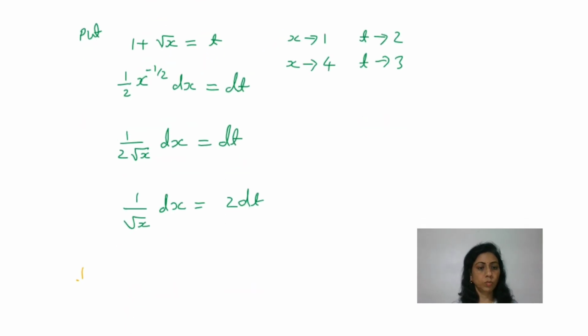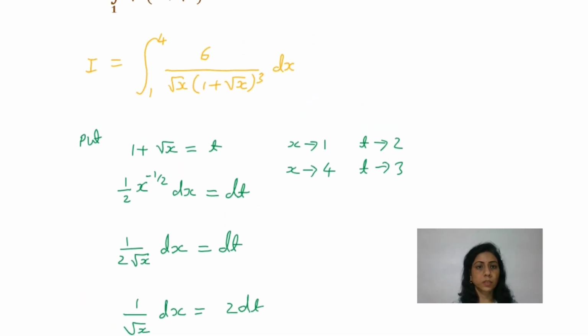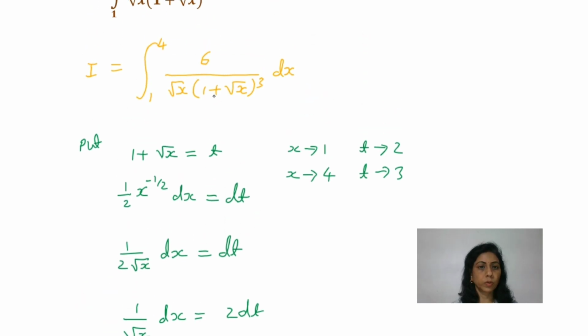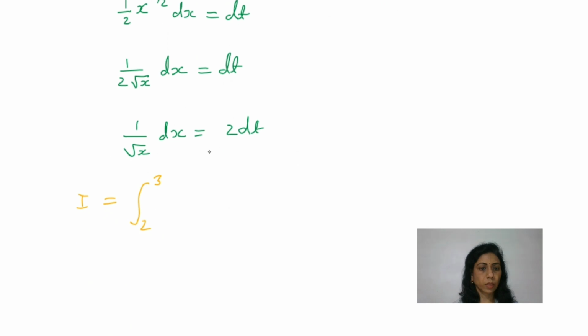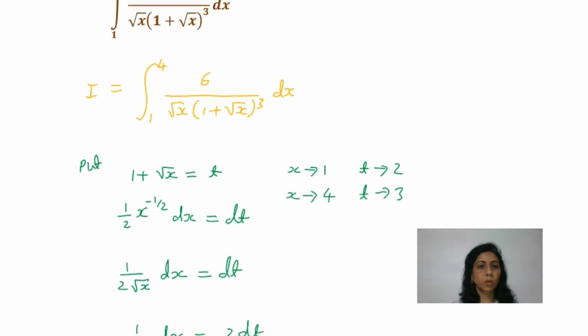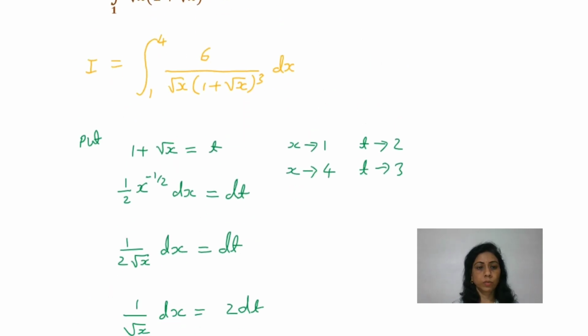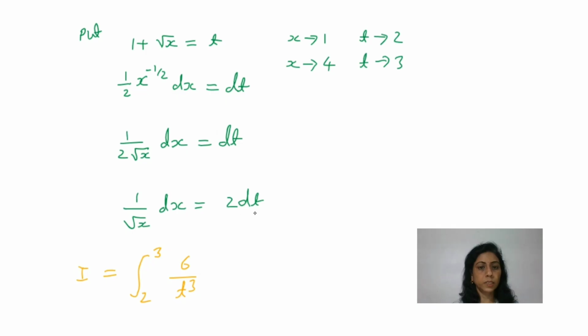I is equal to the integration from 2 to 3, and this is 6 upon t cube, and this 1 upon square root x dx value is 2 dt.